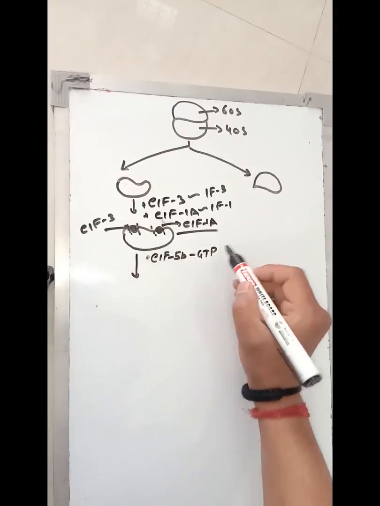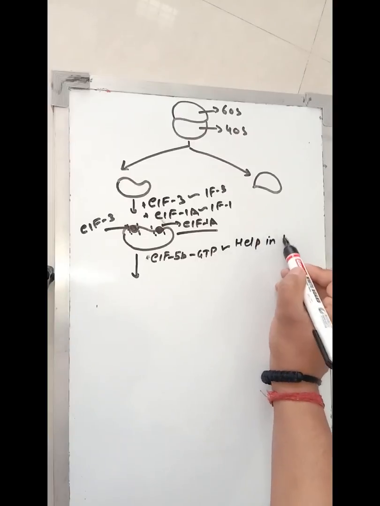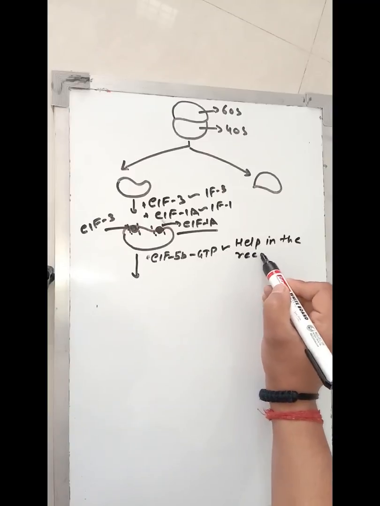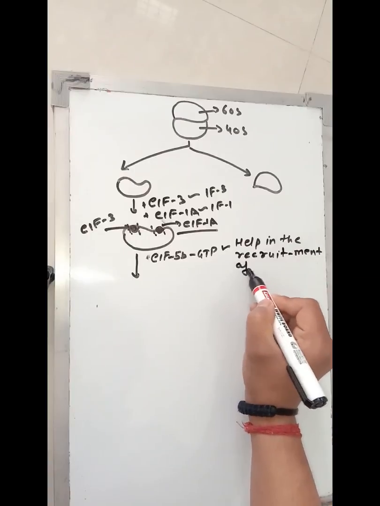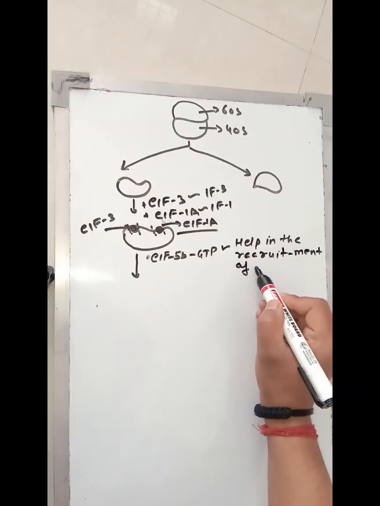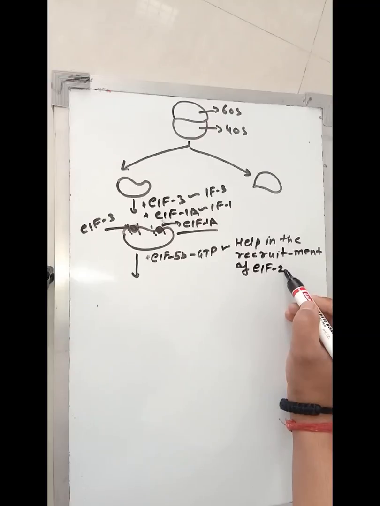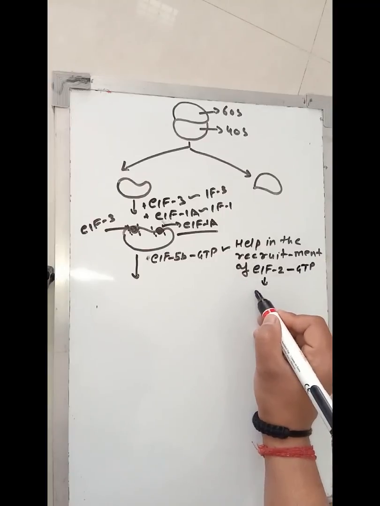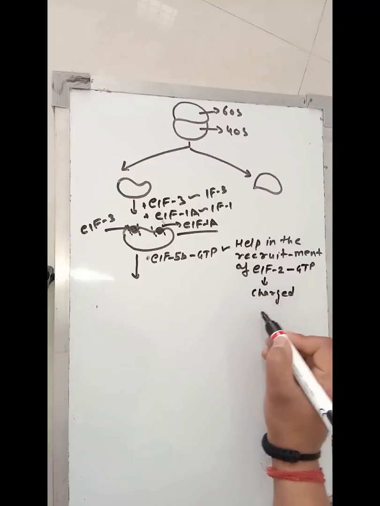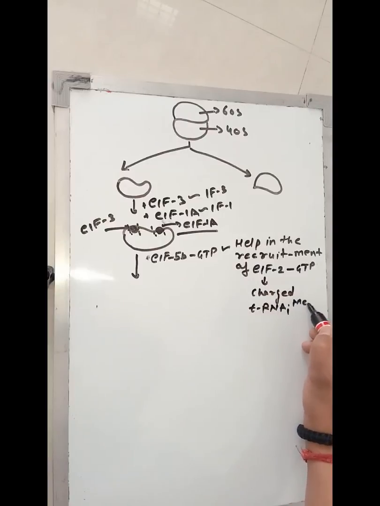This factor EIF5B helps in the recruitment of EIF2, which is linked with GTP, and it brings the charged tRNA, the first one, which is methionine labeled.